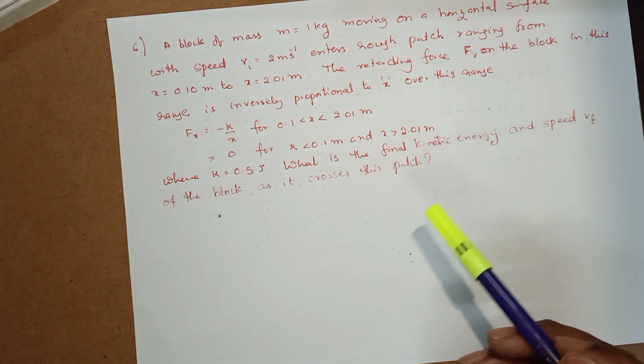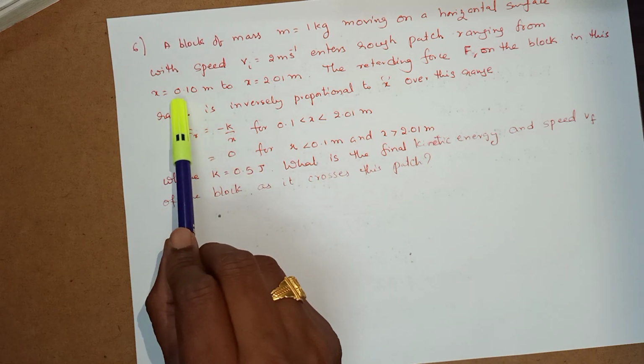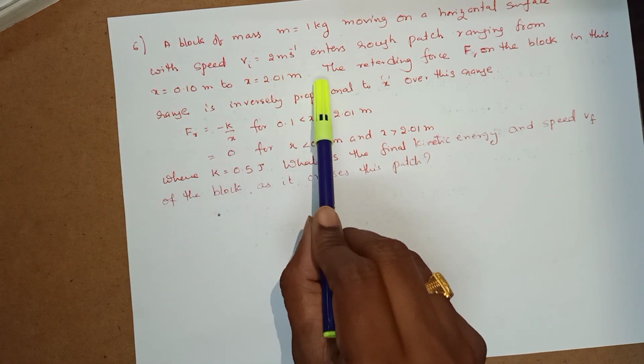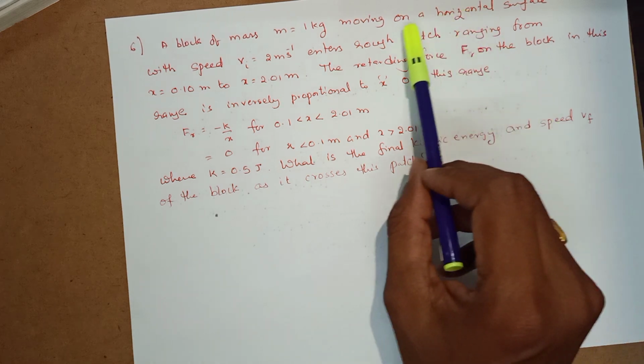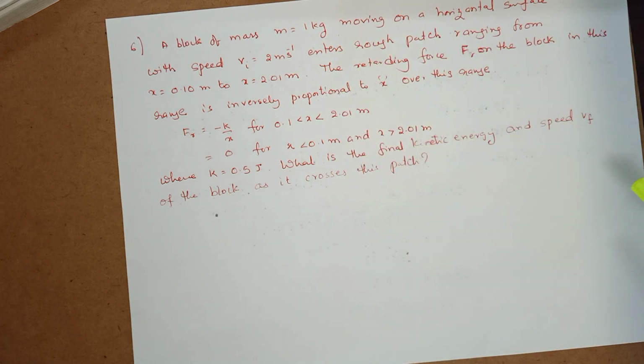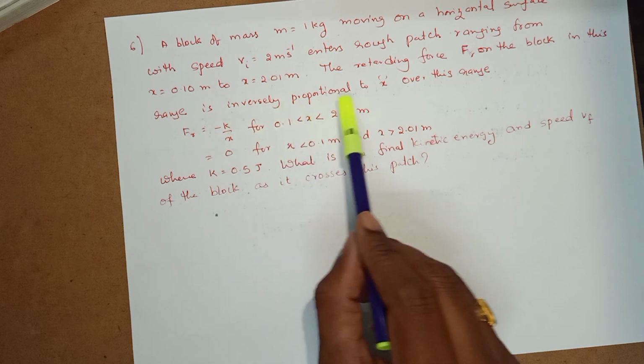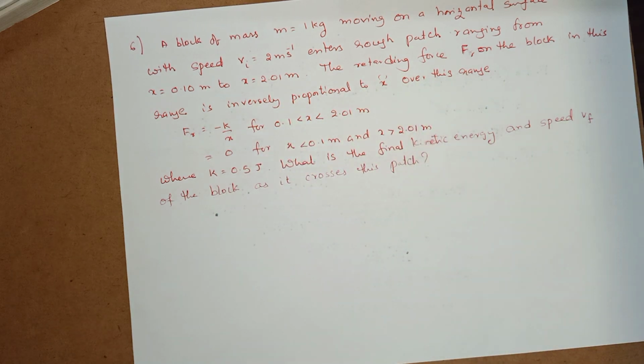Here a rough patch is entering from 0.1 meters to 2.01 meters. That is a horizontal force which is applied on the body. The retarding force on the block is inversely proportional to x.